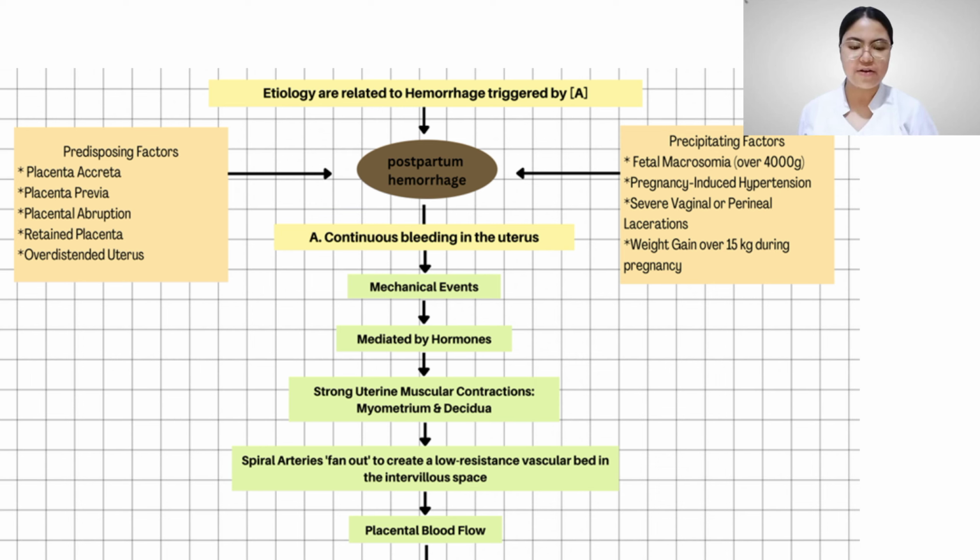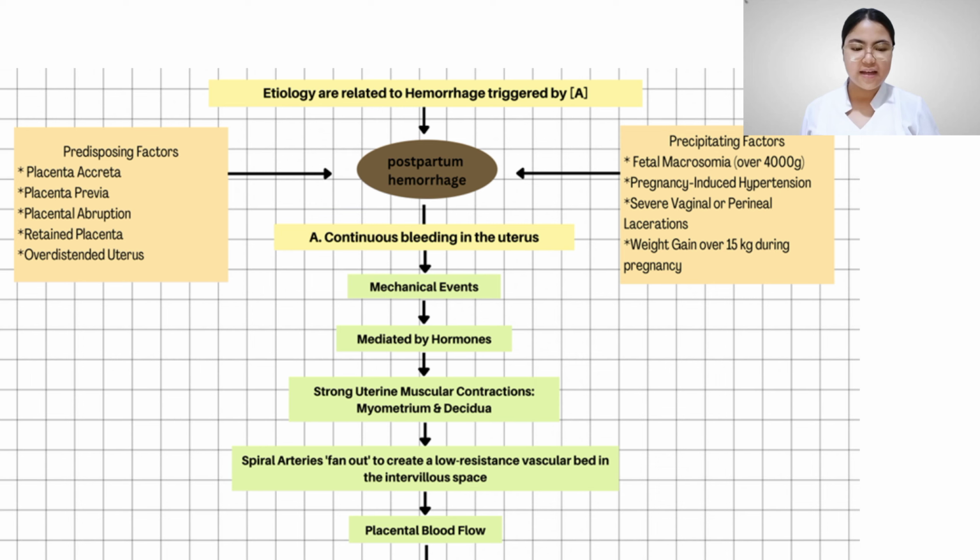Next is pregnancy-induced hypertension, or gestational hypertension. This condition happens when you only have high blood pressure during pregnancy and do not have protein in your urine or other heart or kidney problems.